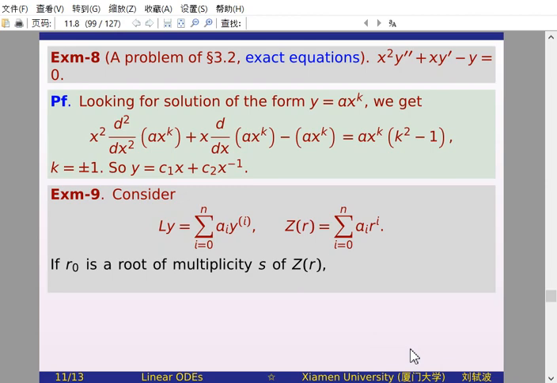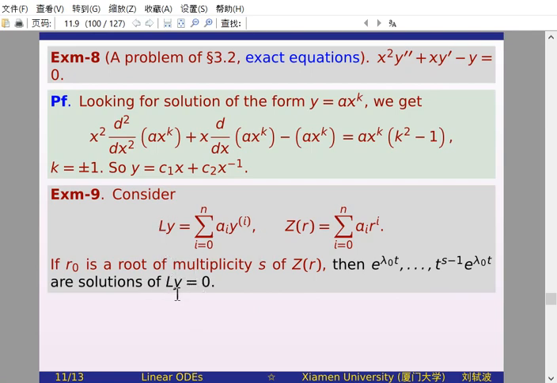If r0 is a root of this characteristic polynomial, that is, p(r0) is 0, and the multiplicity is s, then the conclusion is that e^(r0 t), t e^(r0 t), up to t^(s-1) e^(r0 t) are all solutions of the homogeneous nth order linear equation.